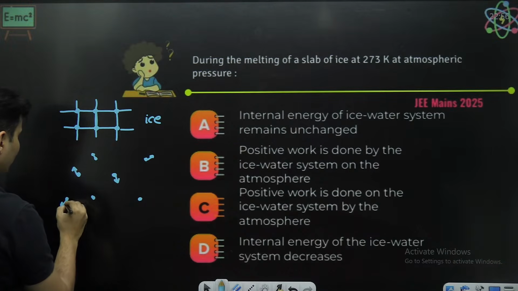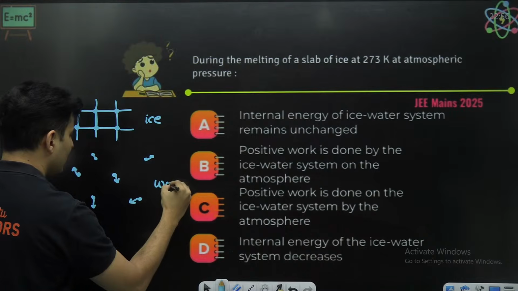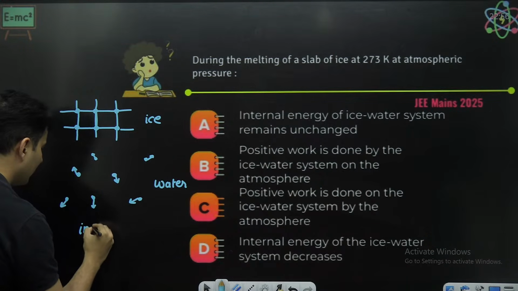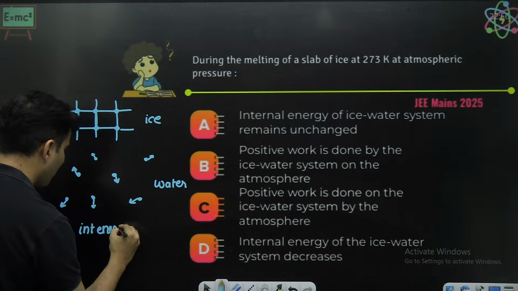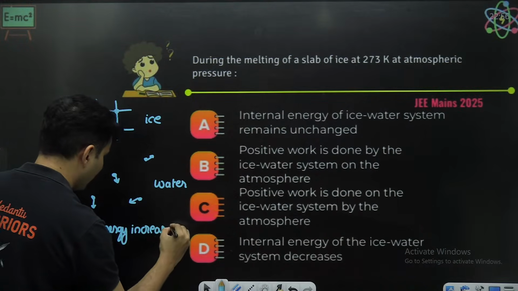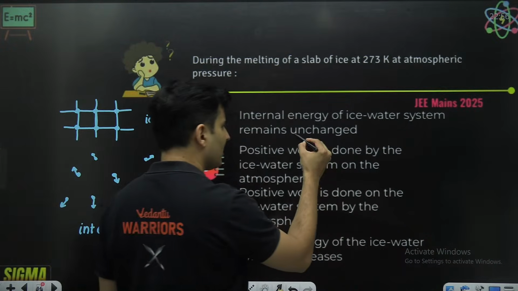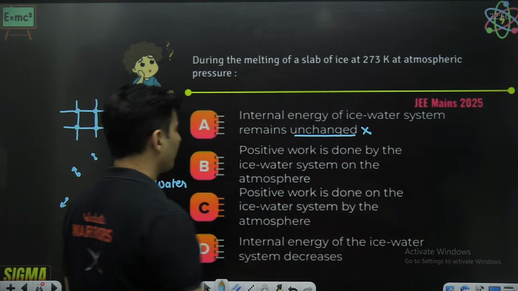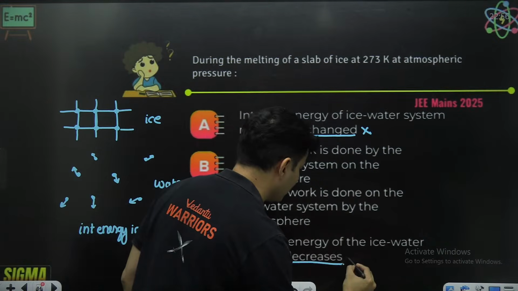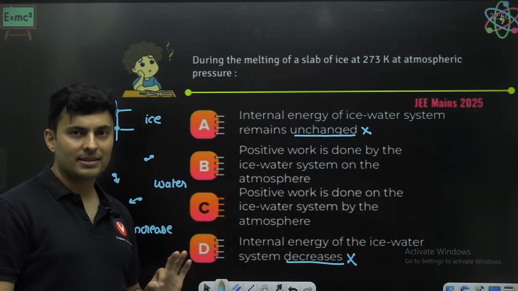So they are a little bit free. Yes, they have more energy in case of water. So clearly the internal energy will increase. So let's end the debate of internal energy. It says unchanged. This is obviously wrong. Internal energy of the system decreases. This is also wrong. So either it is B or it is C.